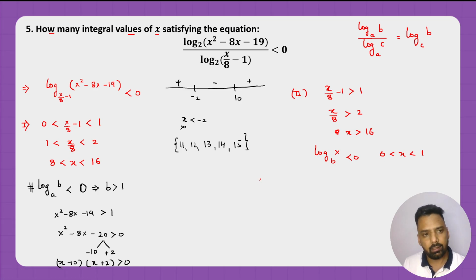That means I can write it like this: 0 less than x square minus 8x minus 19 less than 1 के बीच में ये रहना चाहिए.